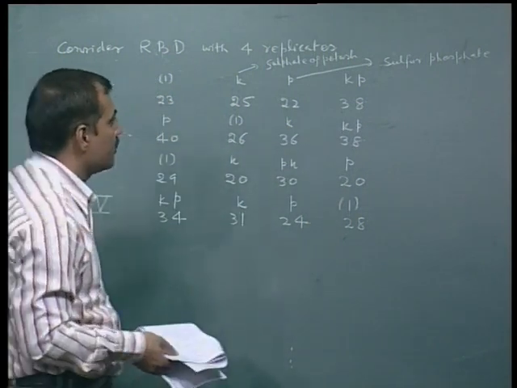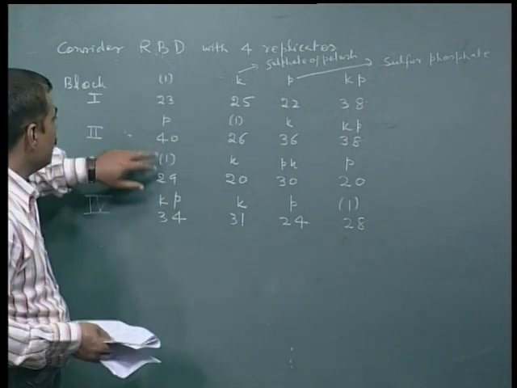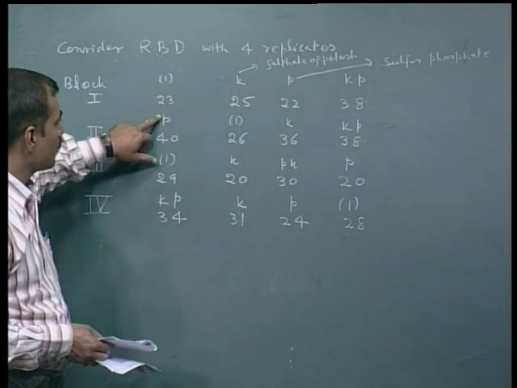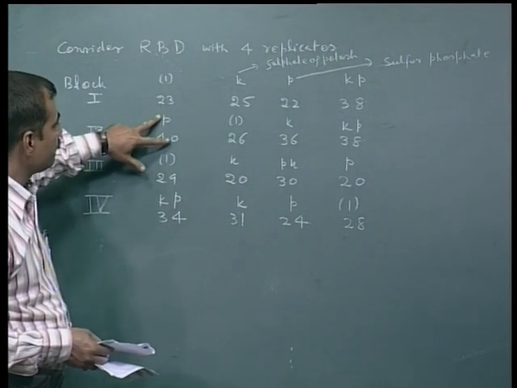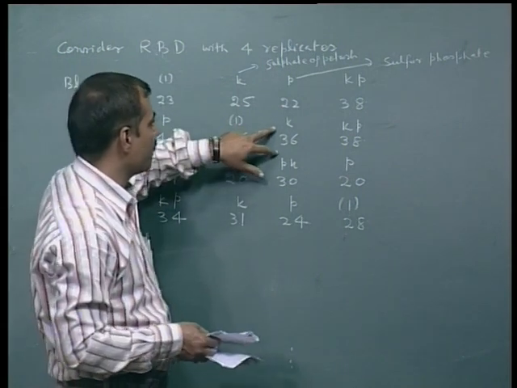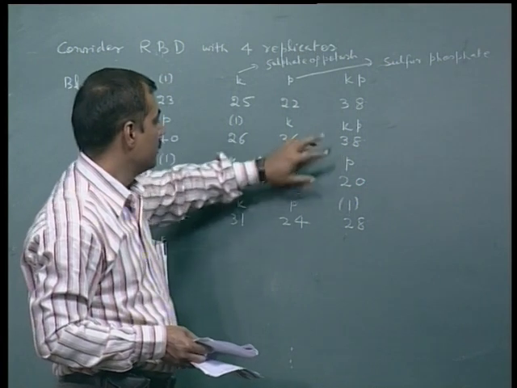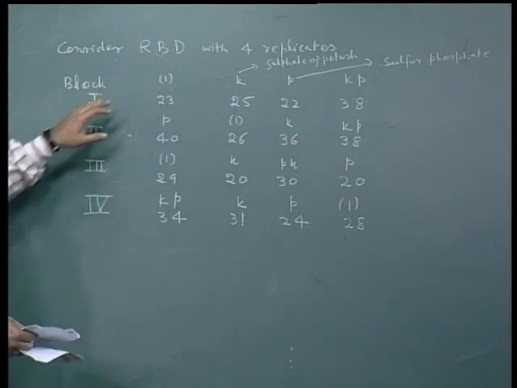You may consider potato, tomato, whatever we want. Similarly, here only sulfur phosphate is available, here both are absent, here only sulfate of potash, here both chemicals, and this is how we apply it in RBD.